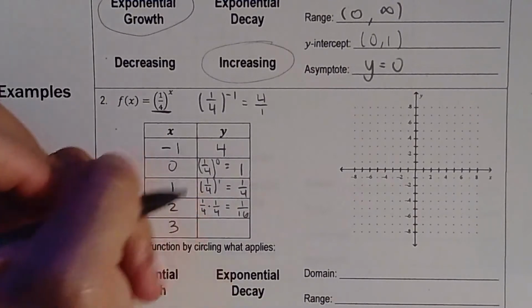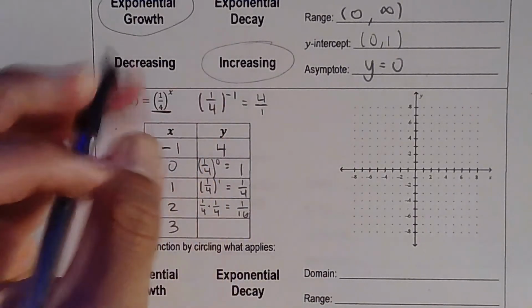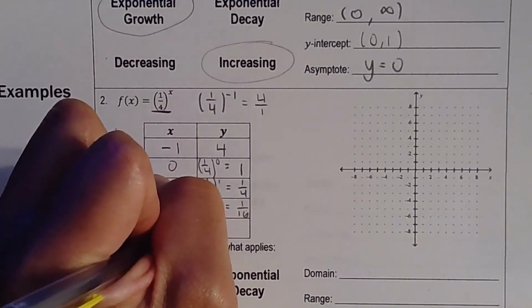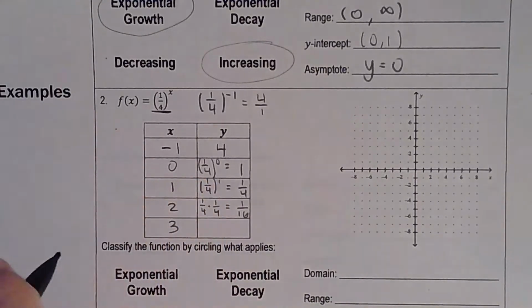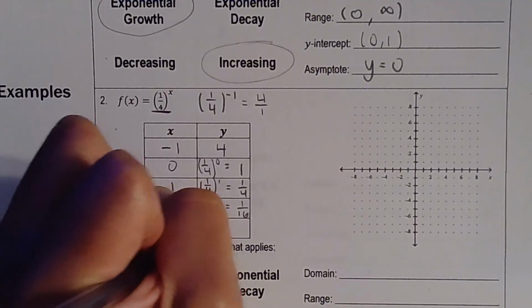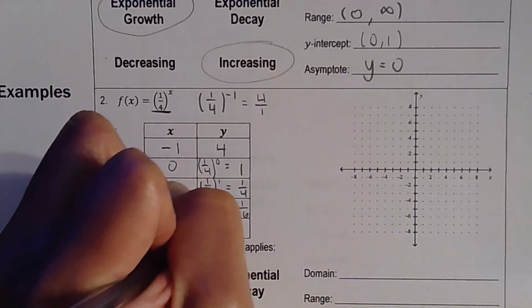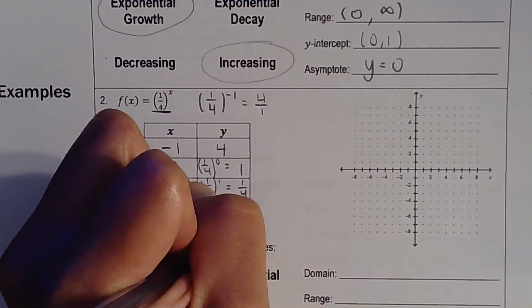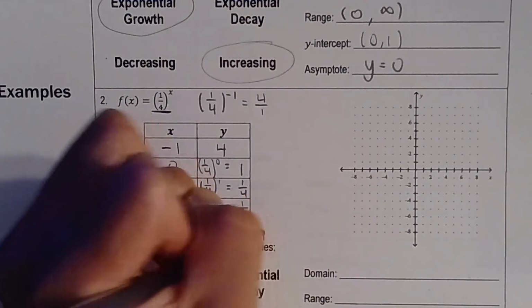And then this is going to get smaller and smaller. So that's just 1/4 to the third power. That's just 1/4 multiplied by 1/4 multiplied by 1/4. So that's just 1/64.